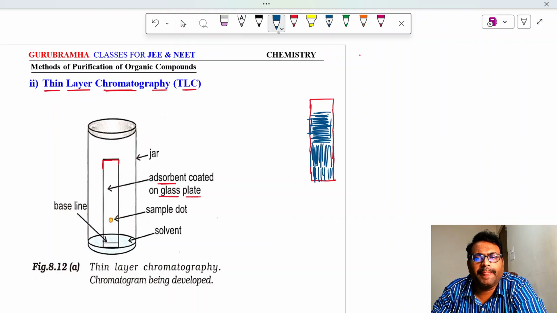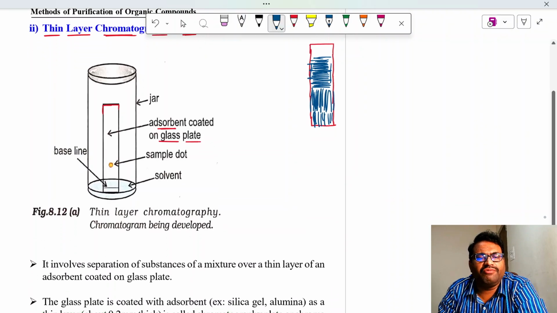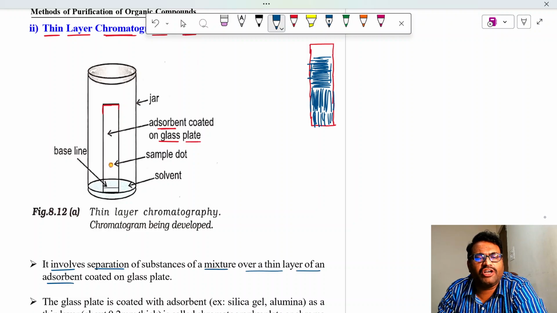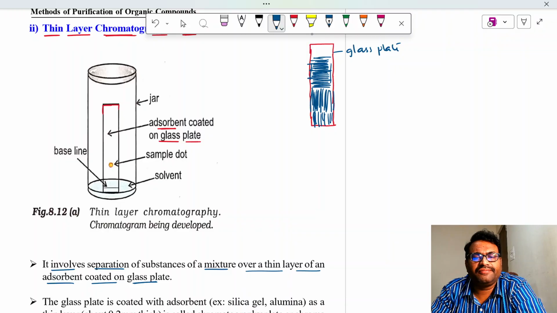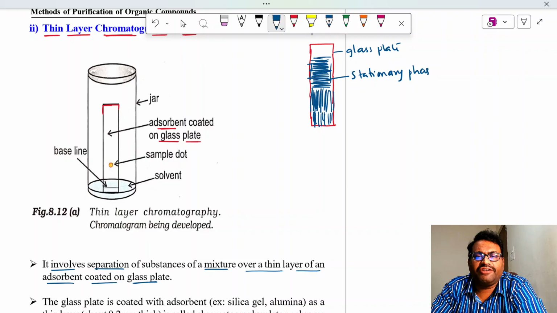So in this way, it involves separation of substances of a mixture over a thin layer of an adsorbent coated on a glass plate. On this glass plate, you are coating the stationary phase. The stationary phase is also called what? Adsorbent.